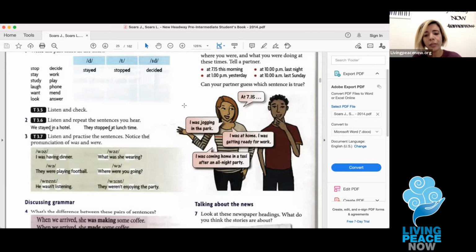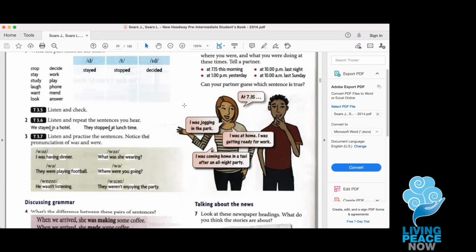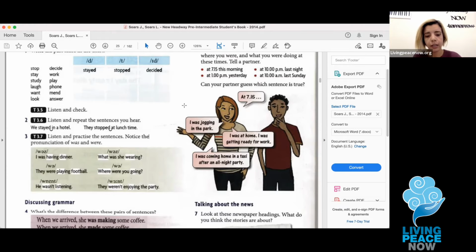But when you speak, guys, you need to make some contractions. So you are going to say I wasn't, not I was not. It's correct, but I wasn't is contracted. And you weren't jogging in the park. And then stem, and then ing.